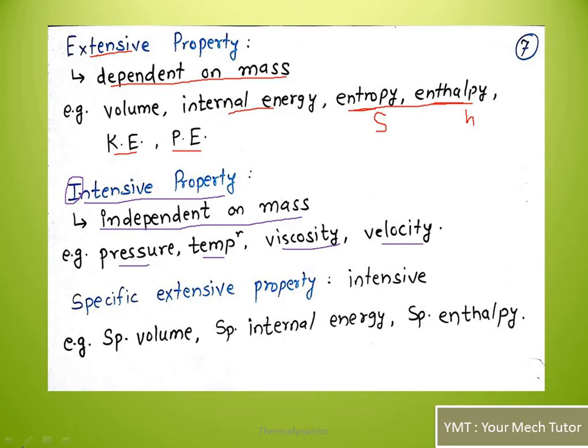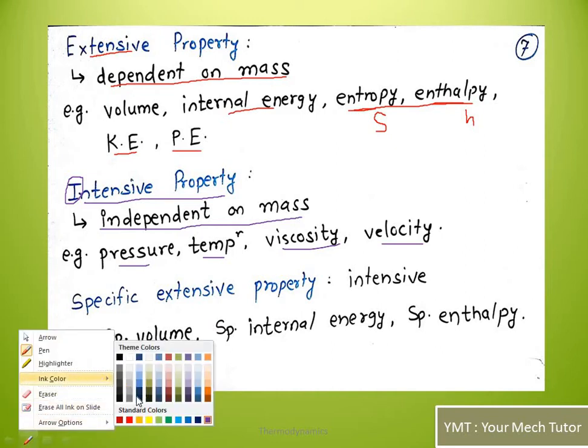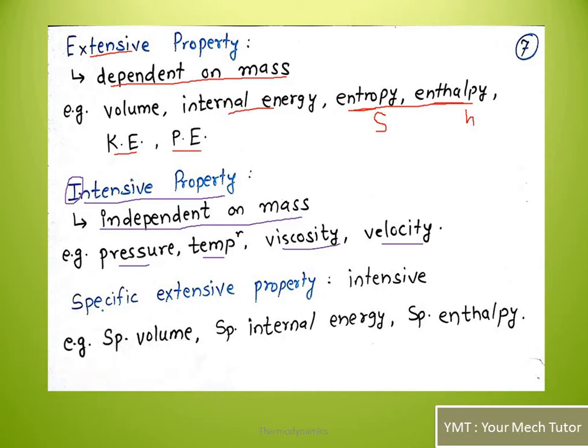Now the third point in this is specific extensive properties. For example, volume is an extensive property, and specific volume means specific extensive property. If you are adding the word specific, that means it is with respect to mass, so it becomes independent of mass.